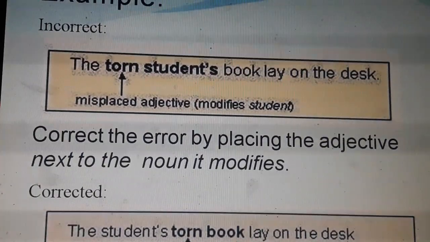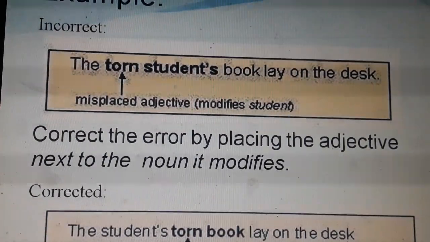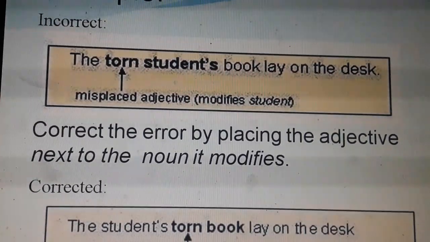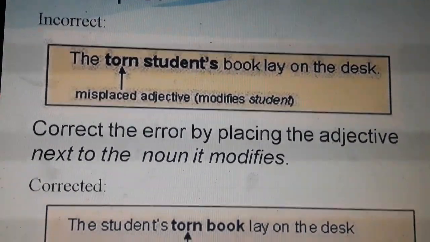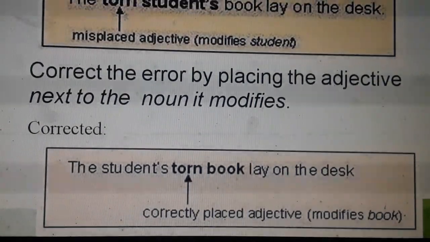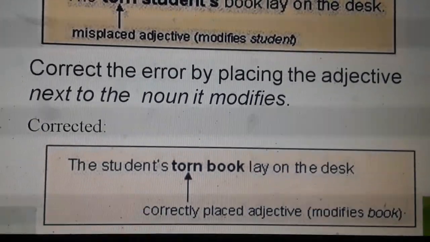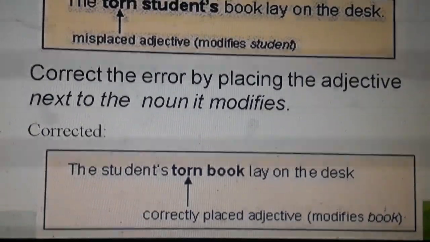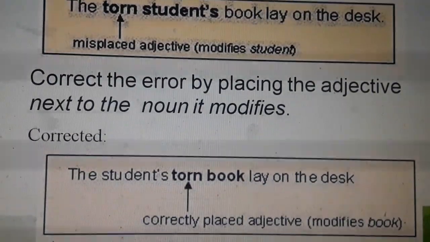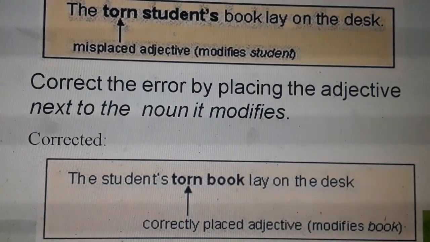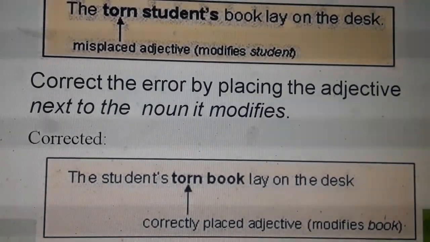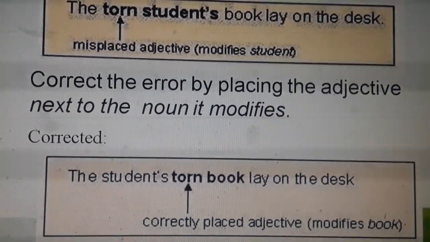Not a torn student. The student is not torn. What is torn? The book is torn. Look at the answer: the student's torn book lay on the desk. So in the first sentence, it is modifying the student. That's not the right thing. It has to modify the book.